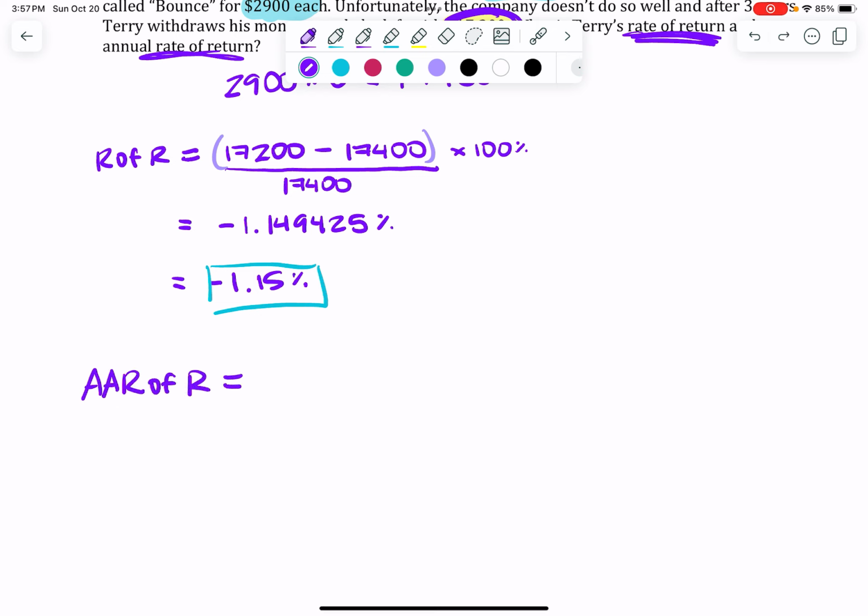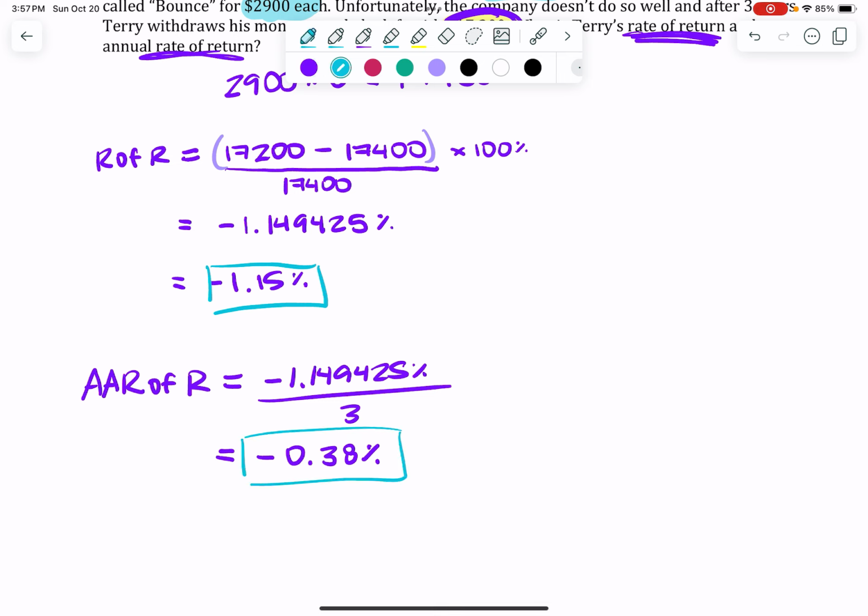My average annual rate of return is my rate of return divided by the number of years. In this case, Terry's been investing for 3 years. So we end up with negative 0.38. I'm rounding here because it's my final answer and there's no other work I'm going to be doing with it. So this is what I got.